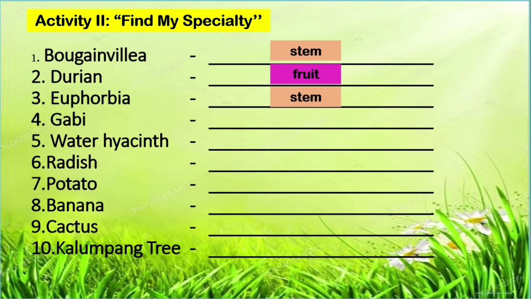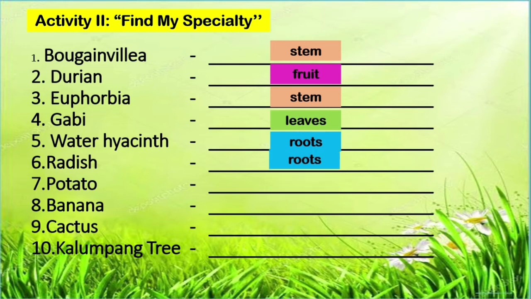Very good. It's the stem. How about gabi? Very good. It's the leaves. How about water hyacinth? Very good. It's the roots.